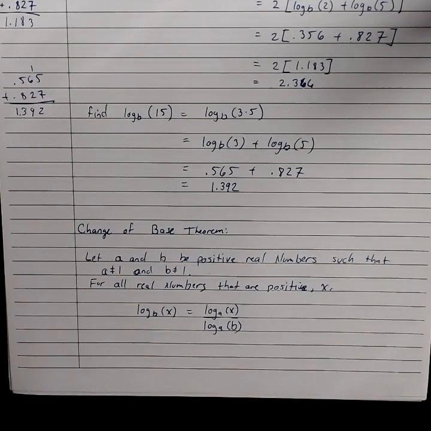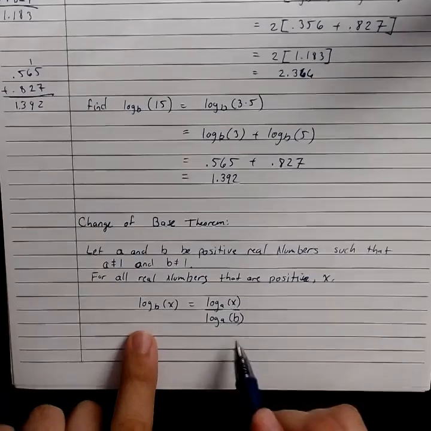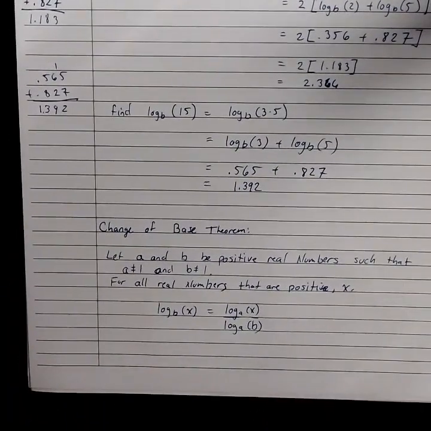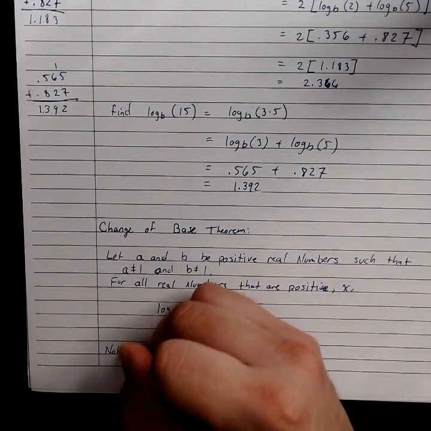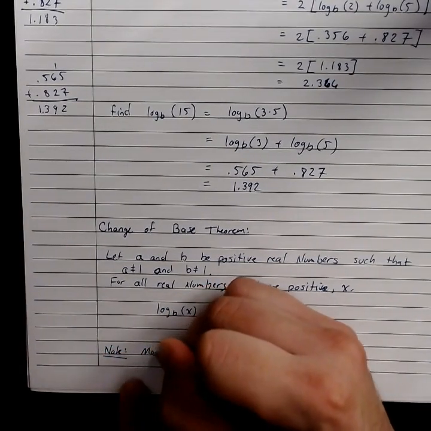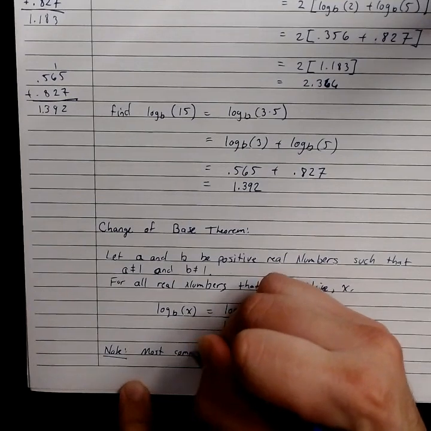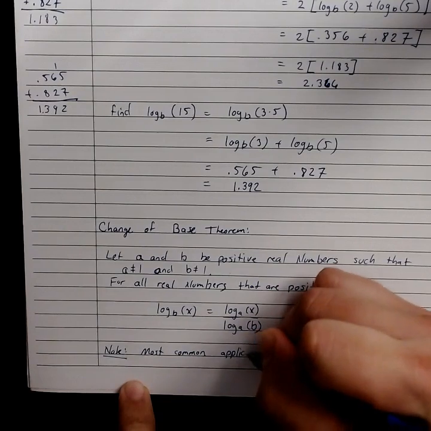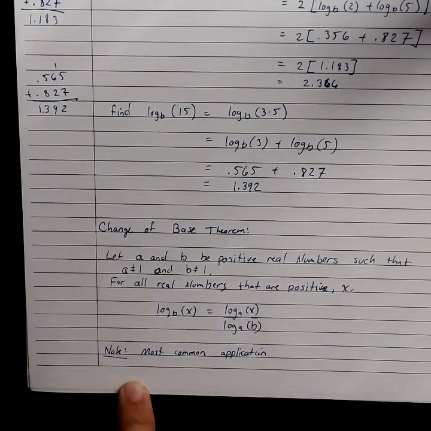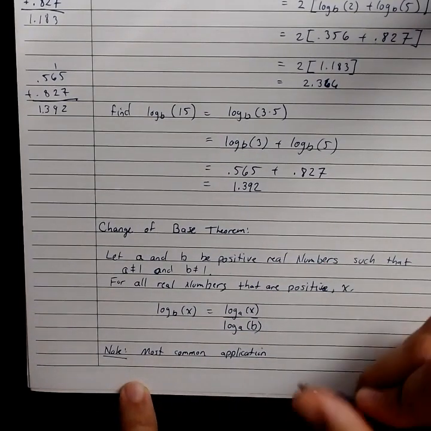Now, this will work for any base, but the one we particularly care about is the natural base. So yes, this is true here, but the most commonly used version of this looks more like, so here note, the most common application of this is to change something from some other base to the natural log.